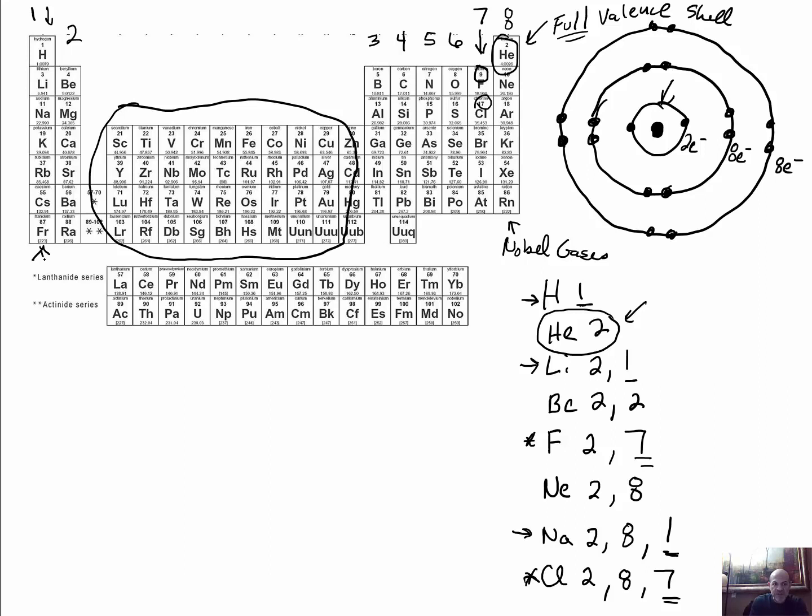All of those in the first column, for example, are called the alkali metals, and they're highly reactive metals. Very, very reactive. It turns out they lose that valence electron very easily and give it off, which makes them very, very reactive. The ones in the second to the last column only need 1 more to fill it up, and that makes them very reactive because they just need to get 1 more in there. That's pretty easy for them to do.